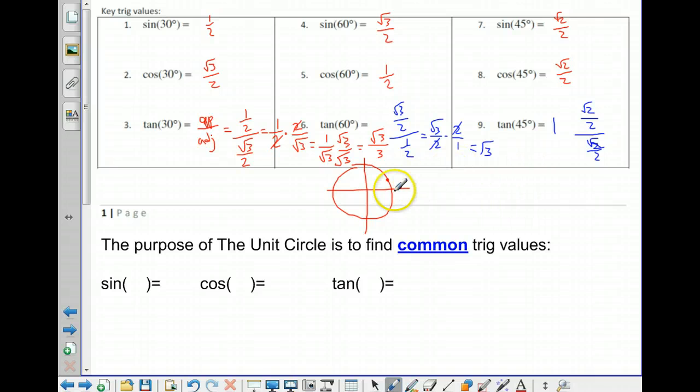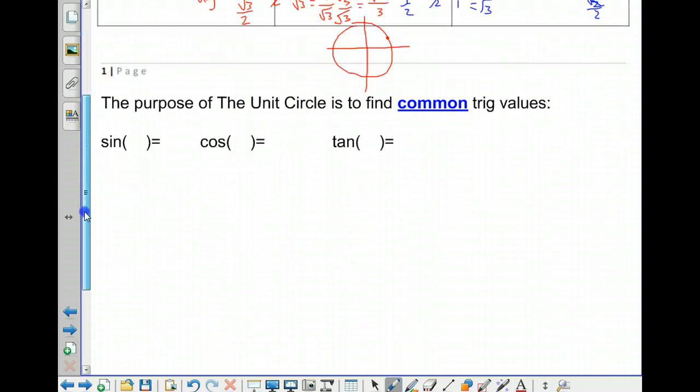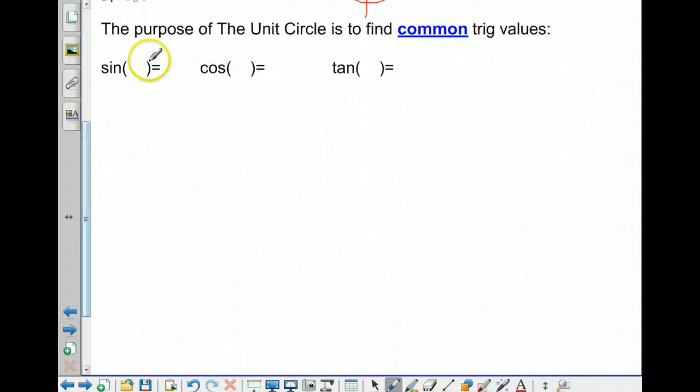So anyways, the unit circle helps us to find common trig values. It does not give us all the trig values, which is unfortunate, but that would take forever. So for example, if I had, let's do sine of 60, what would that be?